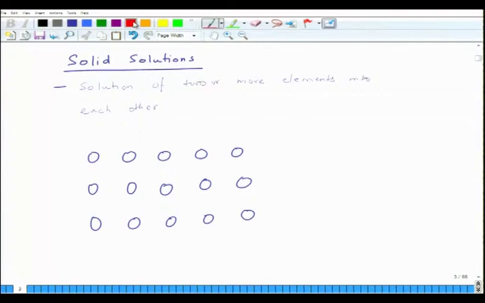So the impurity atom can go either here, a smaller impurity atom, or the impurity atom can go here. The question is, how do they arrange? Is there a way in which they are arranged? In some sense, solid solutions are analogous to liquid solutions, such as sugar in water or salt in water.